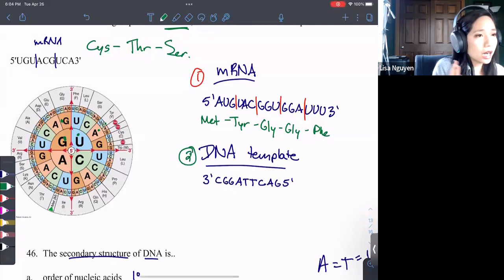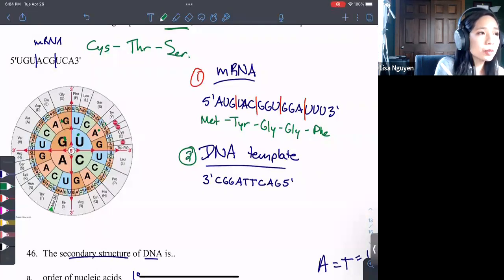So another way I could ask the same question is not just giving you straight up the mRNA strand, but I can give you the DNA template strand. So recognize that DNA lives within the nucleus of the cell. That's not where protein synthesis occurs. Protein synthesis happens on the ribosome, which is outside the nucleus, in the main portion of the cell, with your ribosomal RNA.